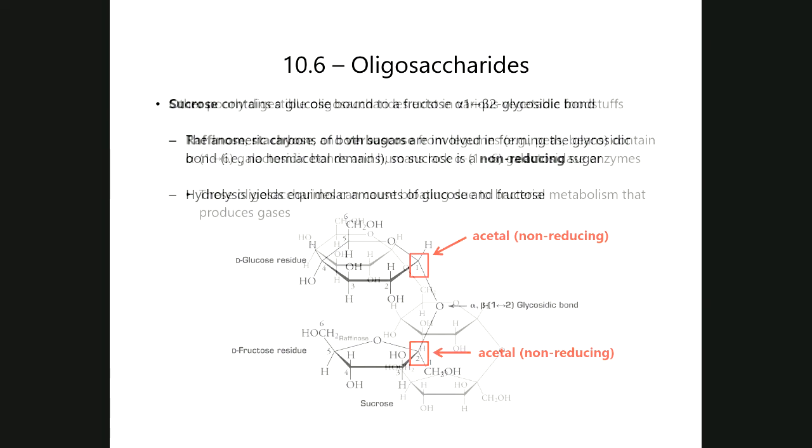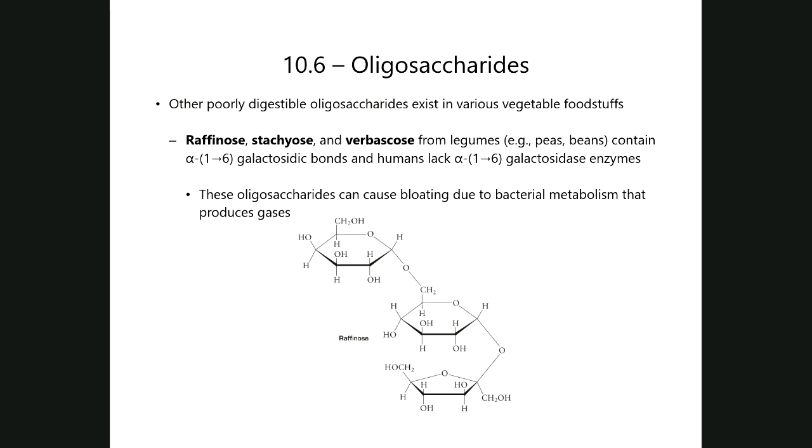All right, so let's talk a little bit about other types of oligosaccharides that are of relevance when speaking of digestion and how the body handles them as they travel through the intestines. As I mentioned, we have a multitude of microorganisms in our intestines.